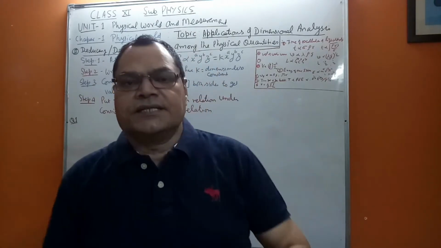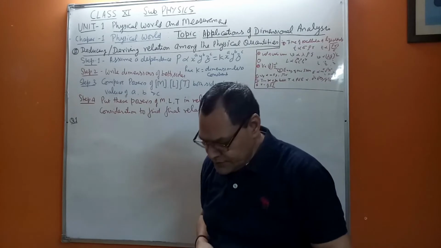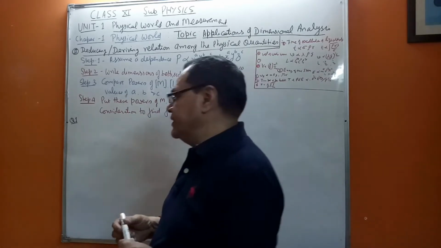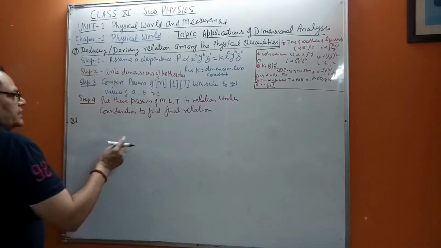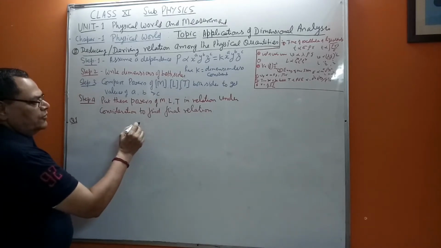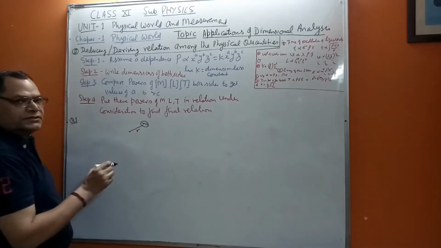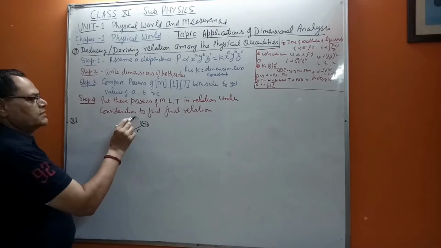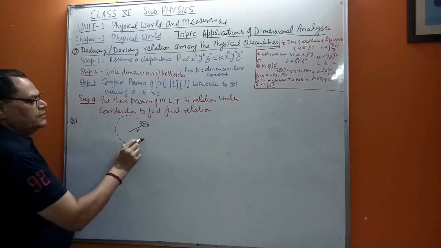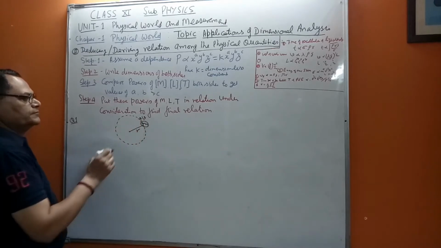To understand this better, we will take a number of examples. The first example: whenever an object or particle, say of mass m, moves in a circular path of radius r about the center, suppose it is moving in a circular path like this, with a certain velocity v.